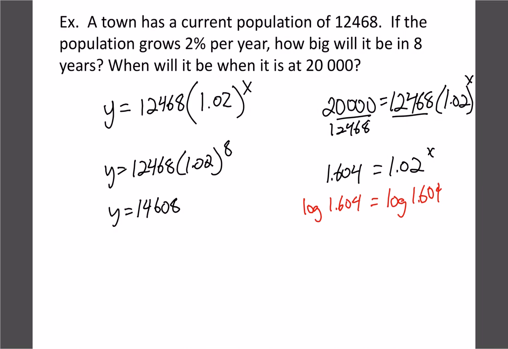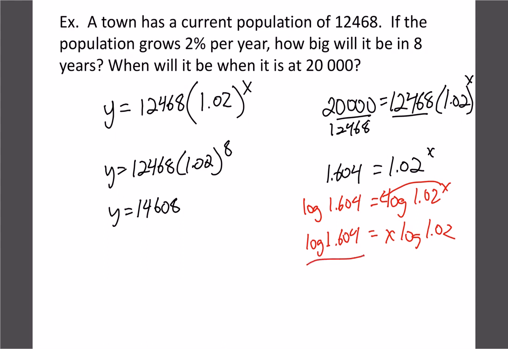So in this case, if we just put a log in front of both numbers, we'd have log 1.604, we'd have log 1.02 to the x, and then we can use that rule where we can bring that x down in front. So we'd have log 1.604 equals x times log 1.02, and then we can just divide by the log 1.02.